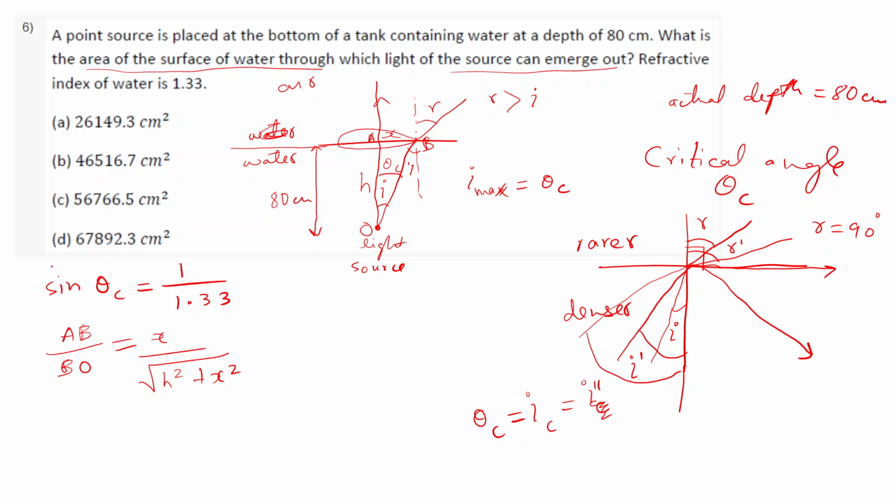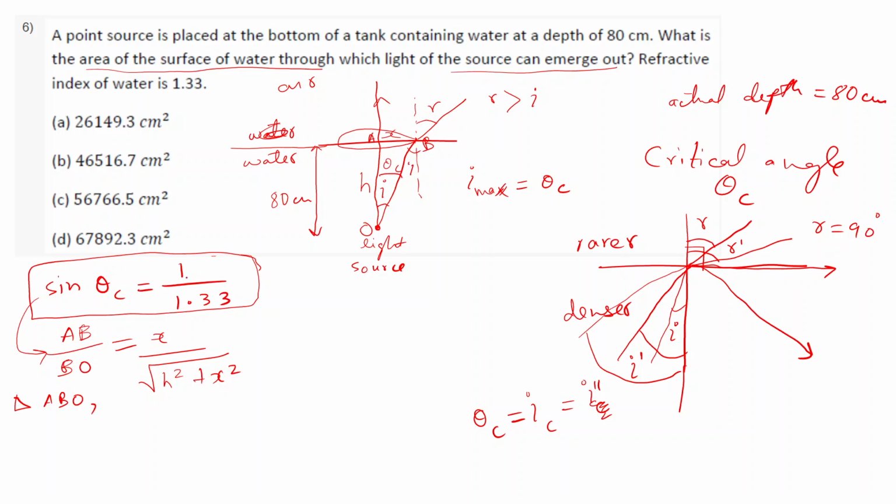So this is the formula that we get, that critical angle, how we find out for this particular two medium interface, that is refractive index of air to refractive index of water. Now for sine theta c in this right angle triangle ABO, AB by BO will be sine theta c, and that will be equal to x over under root H square plus X square.